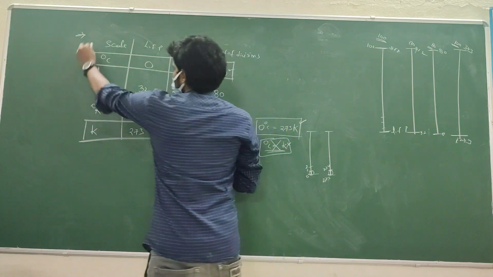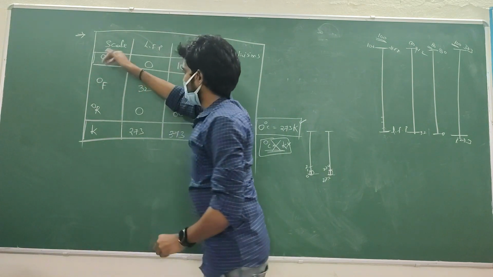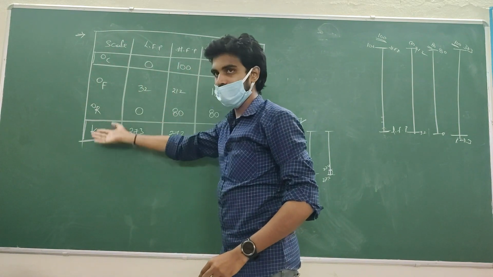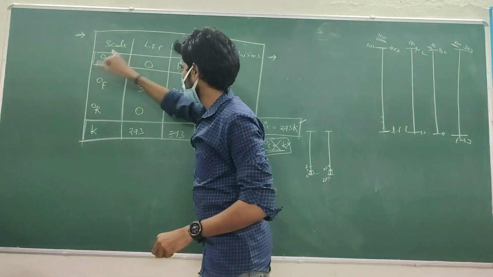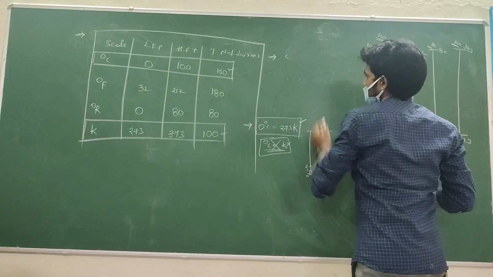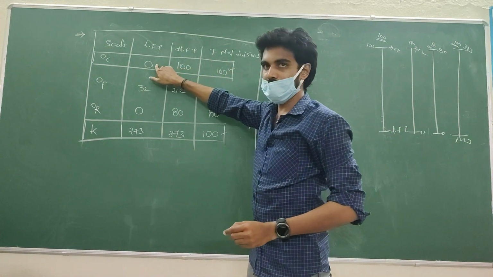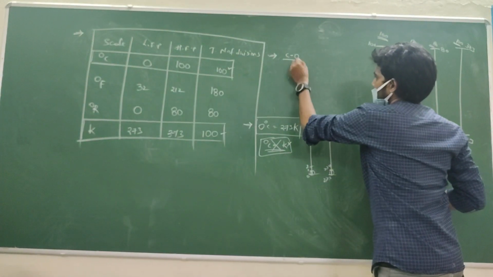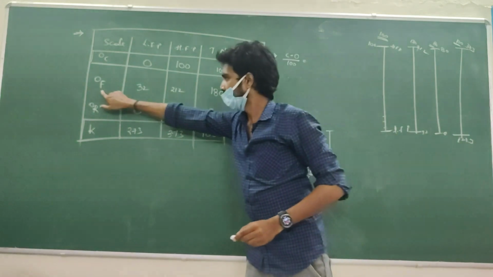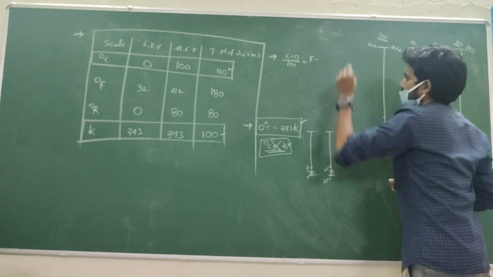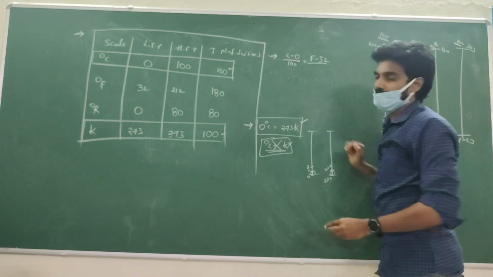Now they might ask you several questions based on these things, such as converting from degree centigrade to Fahrenheit or Fahrenheit to Kelvin. So we'll form an equation here. We start with the symbol C, minus lower fixed point 0, divided by number of divisions 100, equals F minus lower fixed point 32 over number of divisions 180.